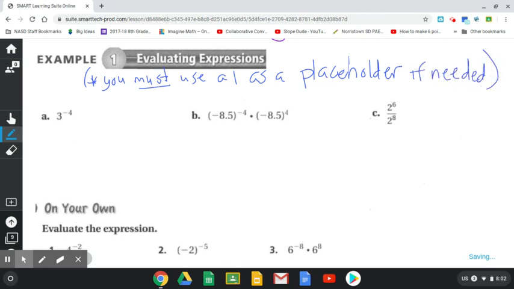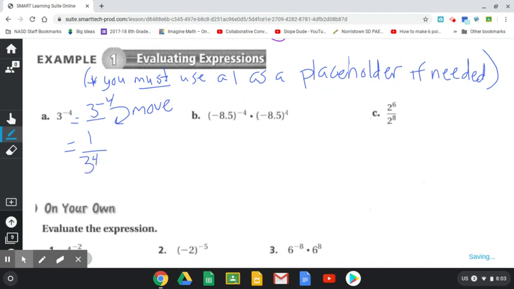All right. So what we're going to do here, if we have 3 to the negative 4, we're going to move that down under that imaginary kind of fraction bar, okay? But we need a placeholder. So we need something in that numerator, so we're going to use a 1.